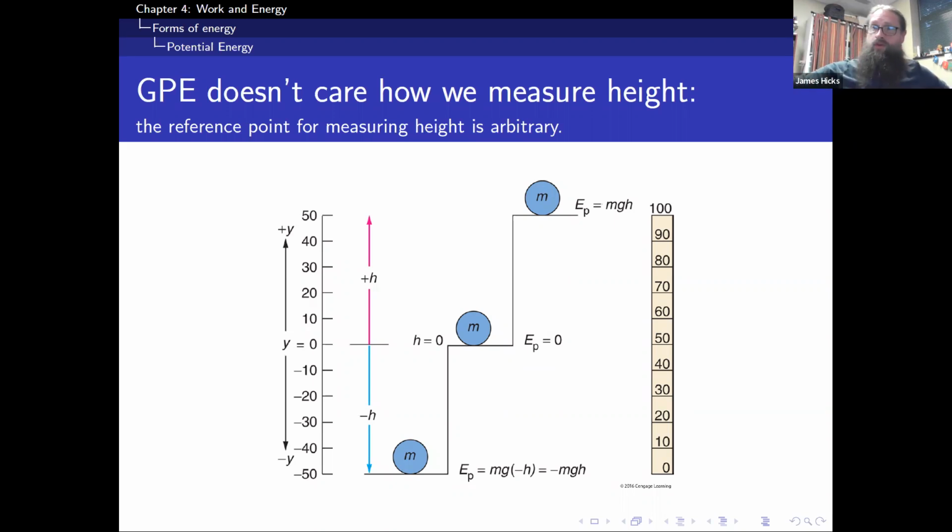If you didn't want to do any negative potential energies at all, and some people don't, you could make your reference point 0 not at the surface level, but at the bottom of the hole. That's what I mean by saying the reference point for measuring height is arbitrary.